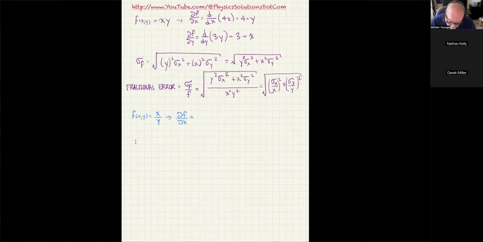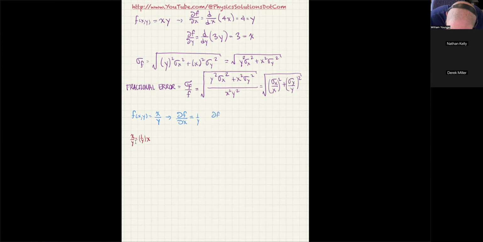I'm just going to remind you that x over y is the same thing as 1 over y times x. So hopefully that's enough for you to see that the derivative of this with respect to x is just 1 over y.